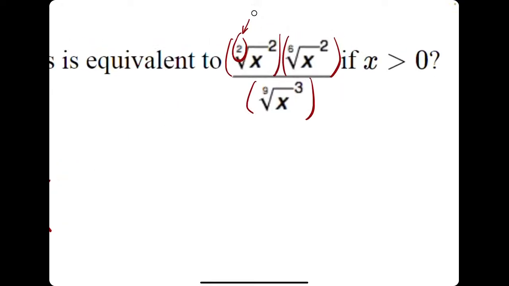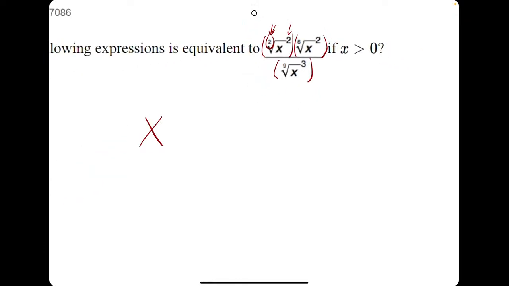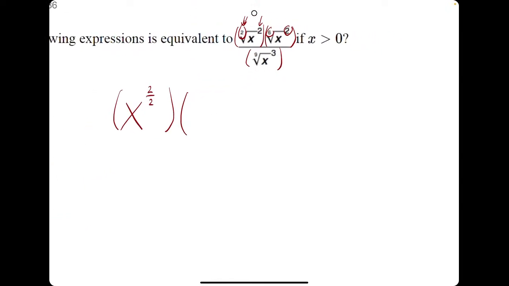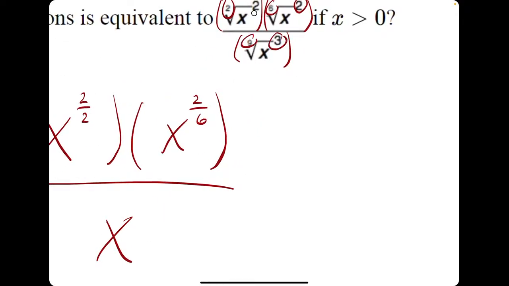We have the x to the 2, but then divided by that 2, so it'll be x to the 2 over 2 for the first part. And then we have x to the 2 over 6. Again, anytime you have the 6th root, that 6 will go on the bottom. Then repeating that process for the bottom, we have x to the 3 over 9.